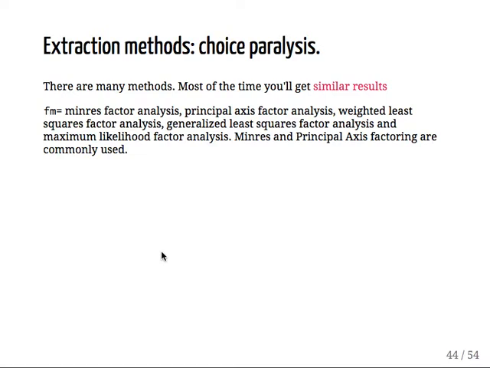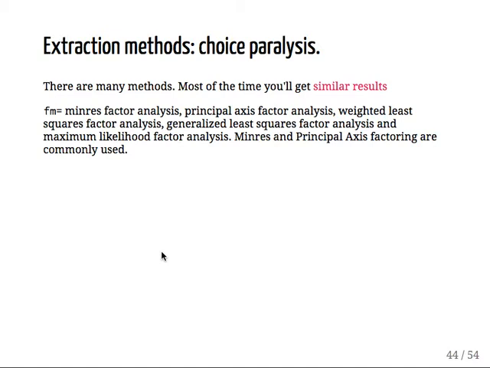Okay. I haven't dwelled too much on this, but there's many different ways in which you could extract factor models. I've done the example with min-res, but you also have principal axis factoring, weighted least squares, generalized least squares, maximum likelihood factor analysis. What you need to know is that min-res and principal axis factoring are the most commonly used. So most of the time, if you don't know what you're doing, pick one of those.